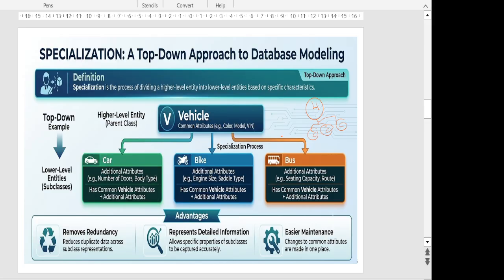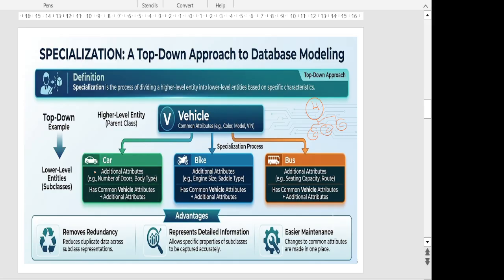For example, doctor is a generic one; specialized doctors are cardiologist, neurologist, nephrologist, something like that. So specialization is one process of dividing the higher level entity into lower level entities based on their specific characteristics.